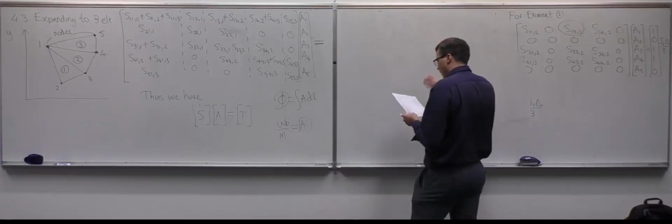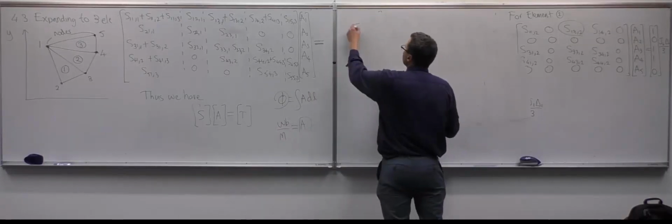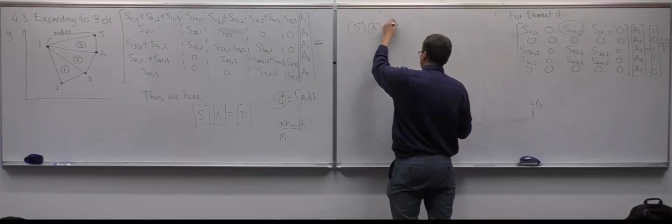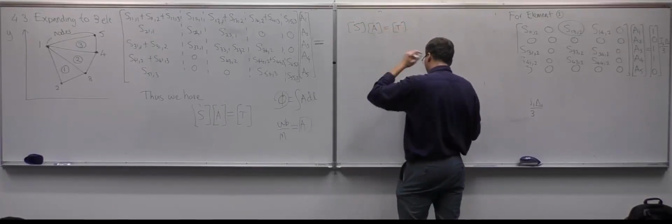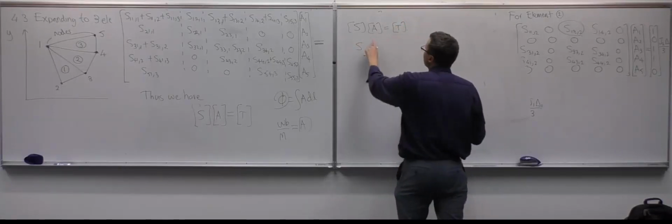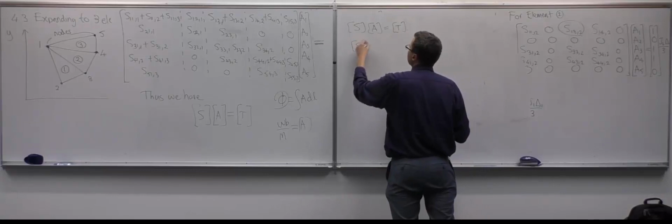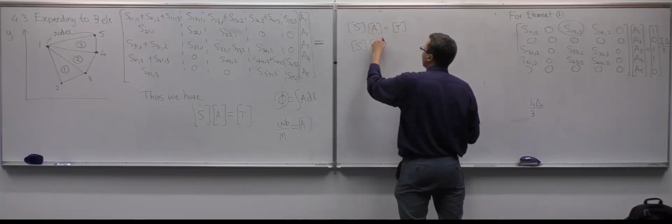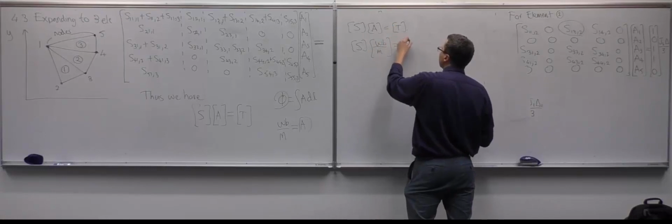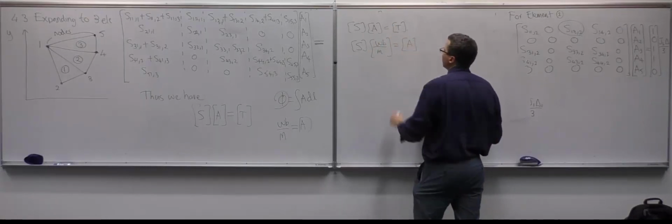So if we look at this, we have stiffness. This is Webers per meter, and this is equal to current.